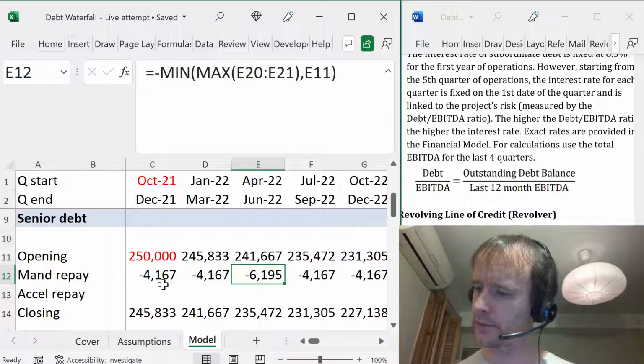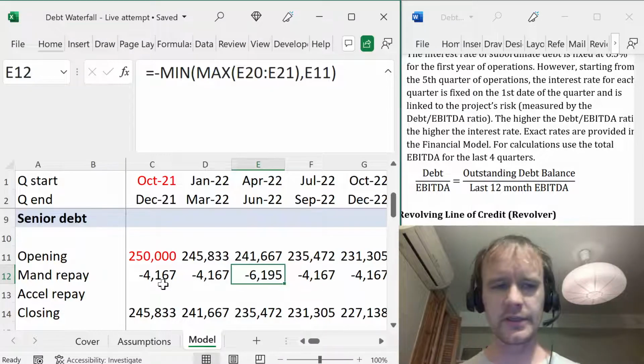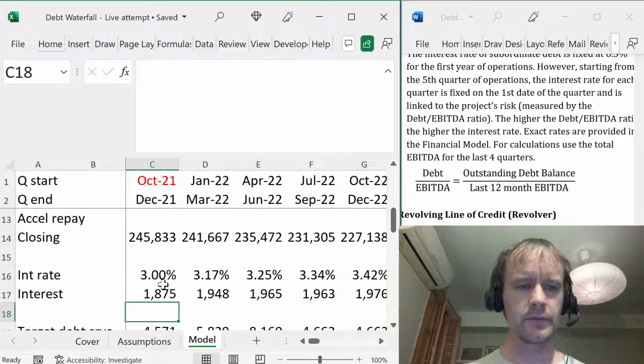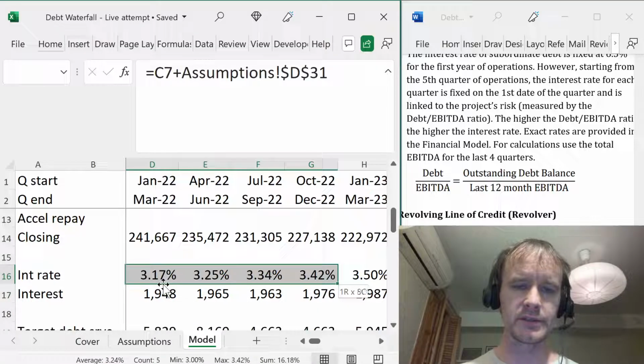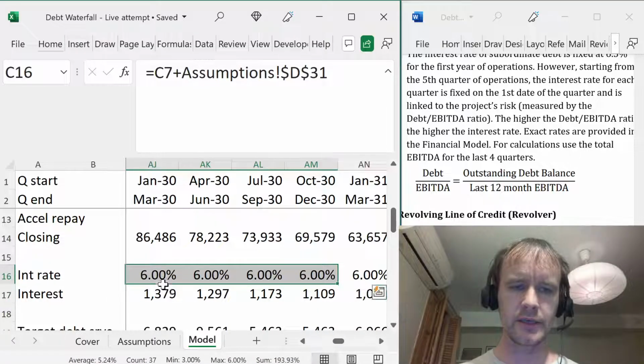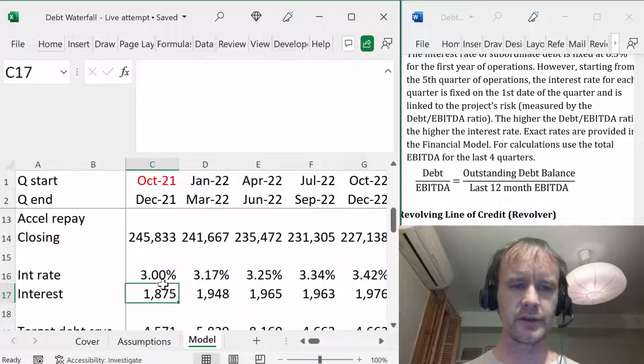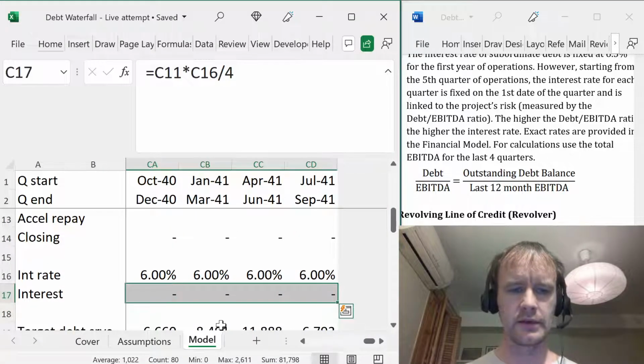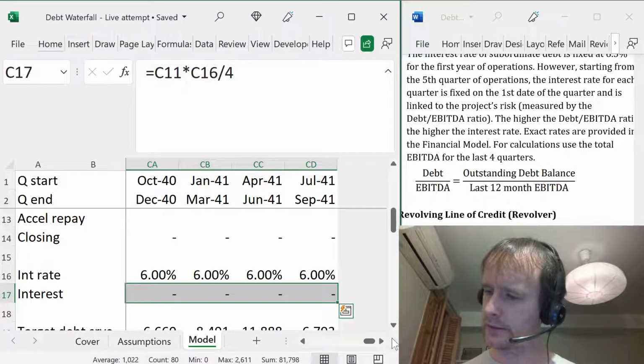And what is the highest amount of quarterly interest paid for senior debt in any given quarter? So this is an interesting one because if you remember, the interest rate is gradually ticking up, but our balance is ticking down. So you've got to find where it peaks. And you can just quickly select and look at the max is 2611, which is what it's supposed to be.